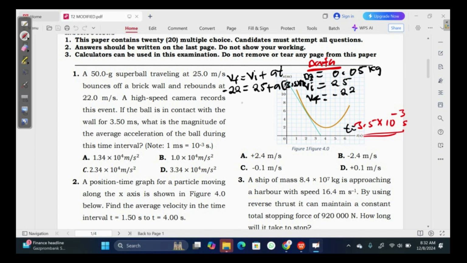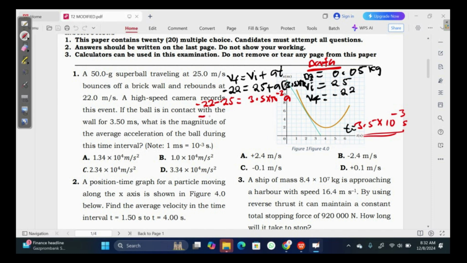Shift 25 to the other side. I'm going to have negative 22 minus 25 being equal to 3.5 times 10 to the power negative 3 times a. If you add these two, what are we going to have?